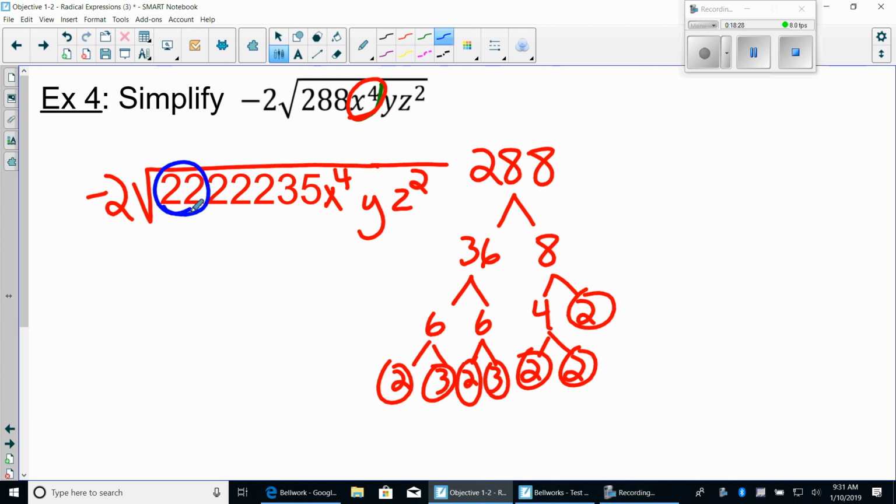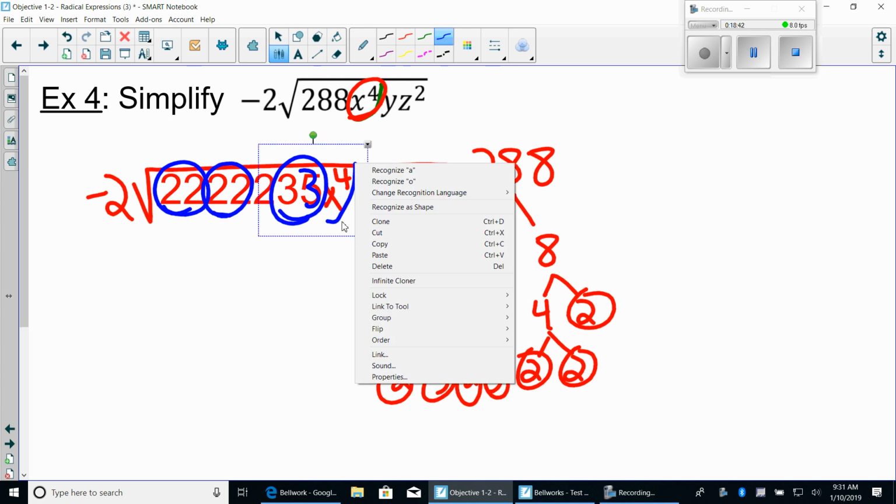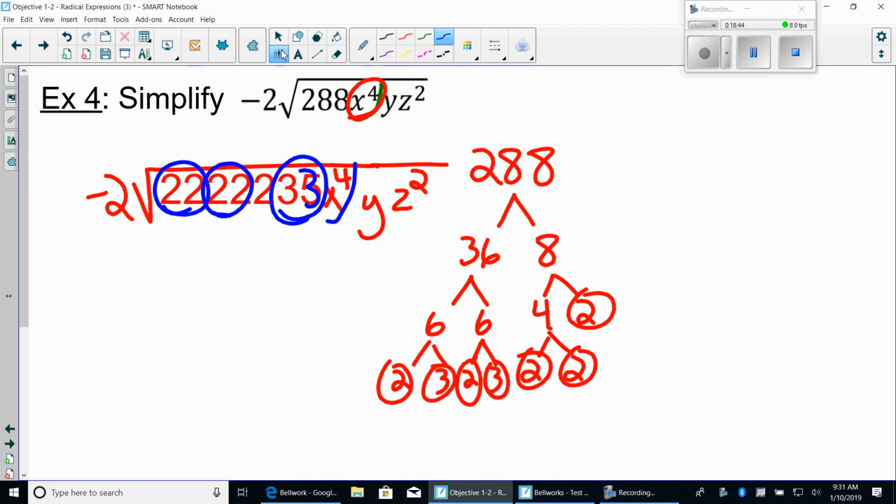So I'm going to circle a group. There's a group. This should be a 3, right? 1, 2, 3, 4, 5, and 2 threes. I don't know why it changed it to a 5. And then this is perfect, and this is perfect.